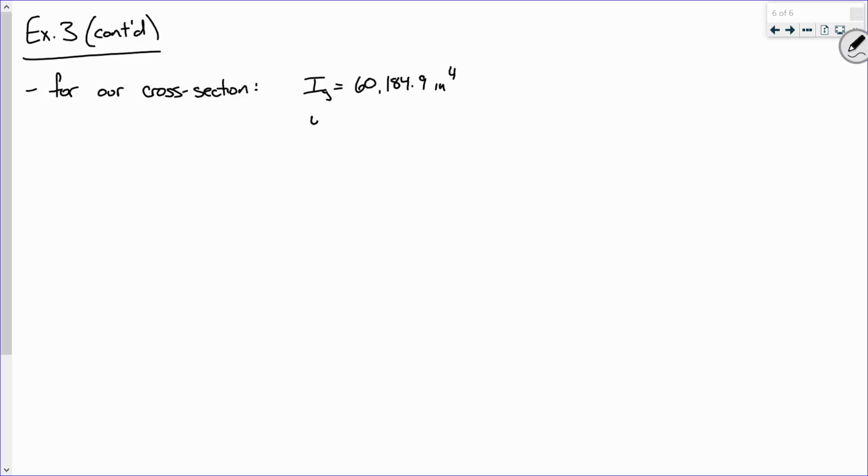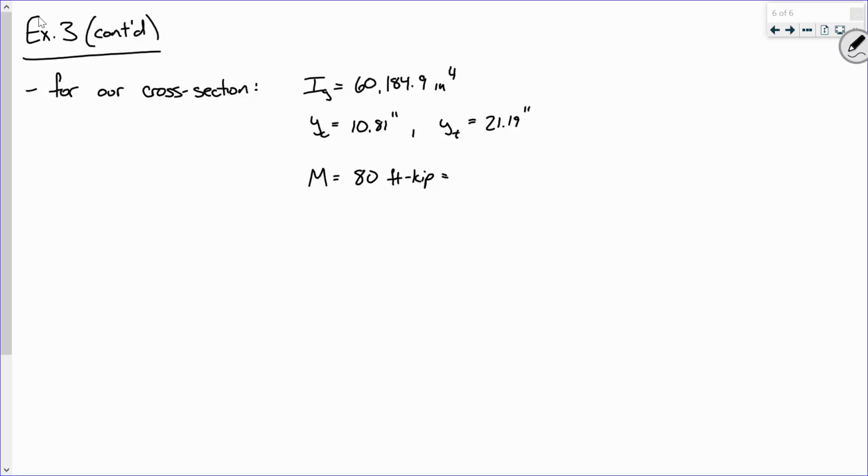We know that y sub c is 10.81 and y sub t is 21.19. Now what's our moment? 80 foot kips. We're going to have a problem with that, right? Not in inches, so let's convert that to inches.